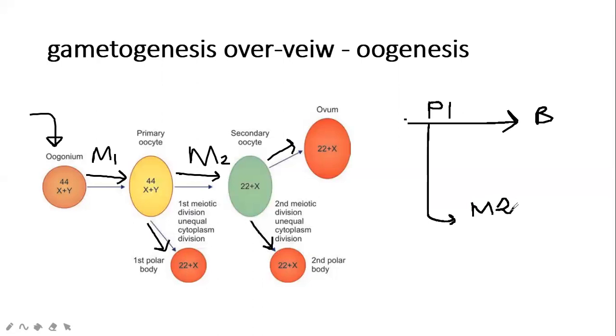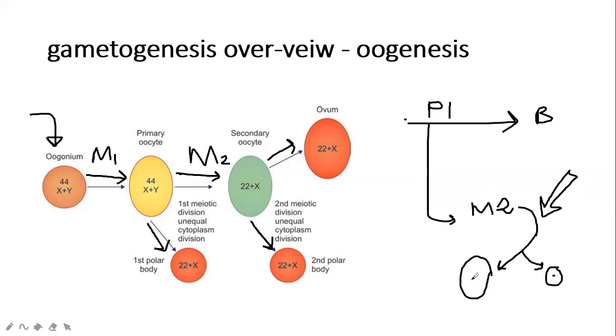And then as long as they are now fertilized, what you actually see is that they can now complete meiosis 2 and come out as the ovum, the mature ovum, right? And the second polar body.